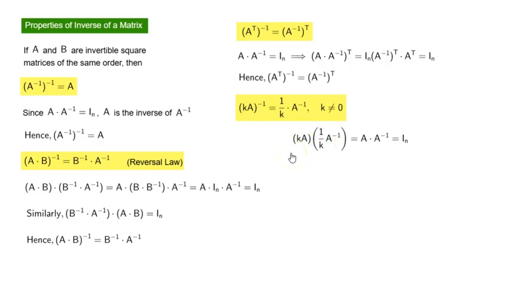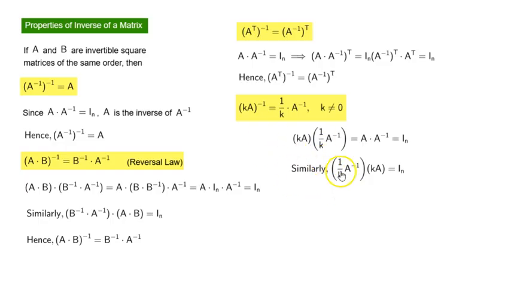K and K cancel out. We are left with A times A inverse, which is equal to I sub n. And that is what should be there on the left hand side, I sub n after taking (K A) inverse to the other side.